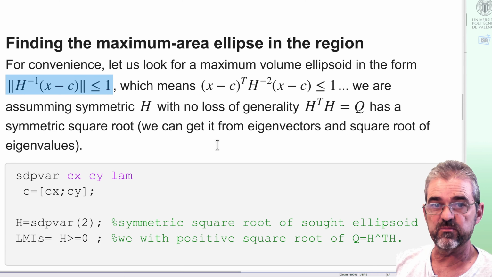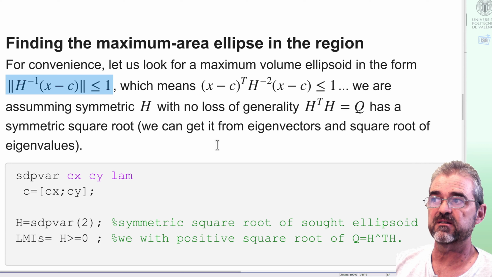X will be a generic point in the ellipse, H will be the shape matrix and c will be the center, and both H and c will be decision variables in our optimization problem because we must find the center and the shape of that target largest ellipse.